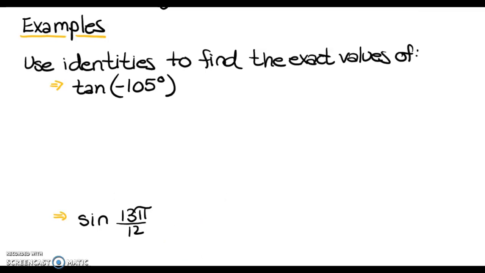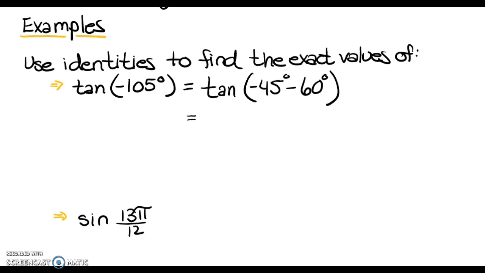It says use identities to find the exact value of the tangent of negative 105 degrees. Keep your unit circle out too, since you've got a whole bunch of angles in degrees on it. What two angles might add to negative 105 or subtract to negative 105? I'm going to use the tangent of negative 45 degrees minus 60 degrees, with my tangent of the difference of two angles formula.